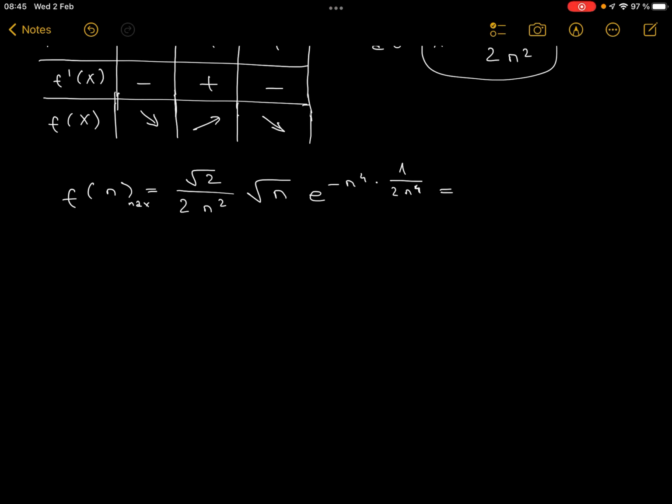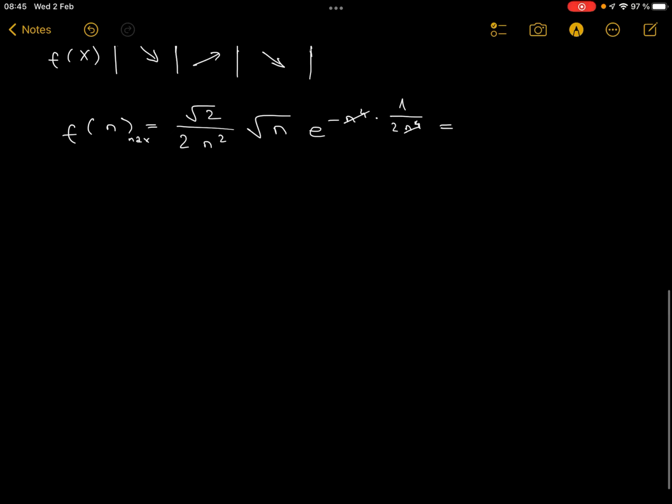These two very nicely cancel out, and we can rewrite this as e to the power of negative 1/2, which is just the same as 1 over the square root of e, times 1 over the square root of 2 times n squared, which is the same as n to the power of 4 over 2 times n to the power of 3 over 2.